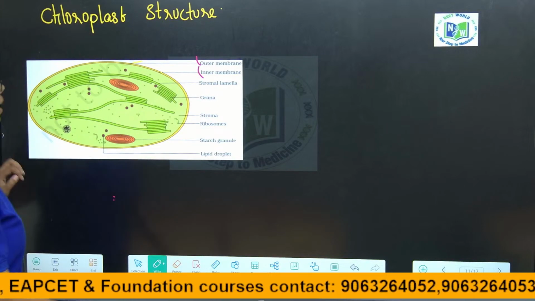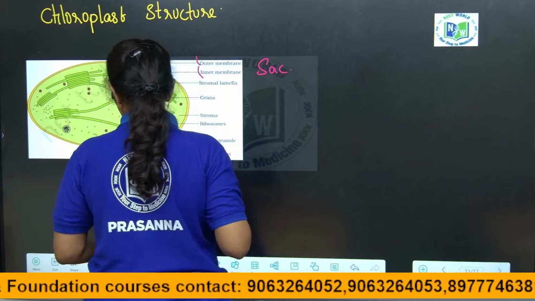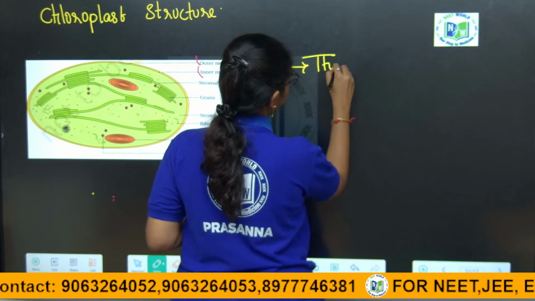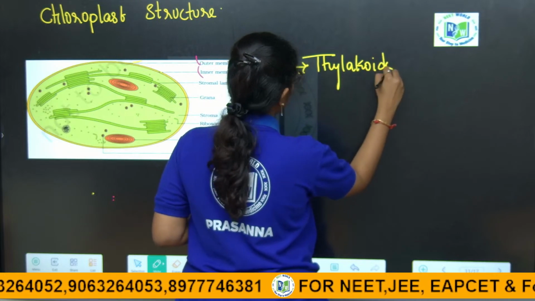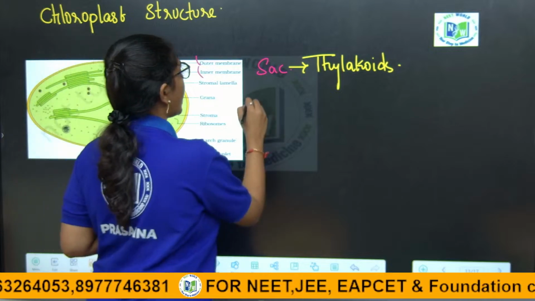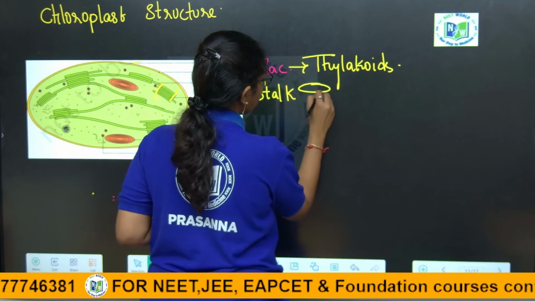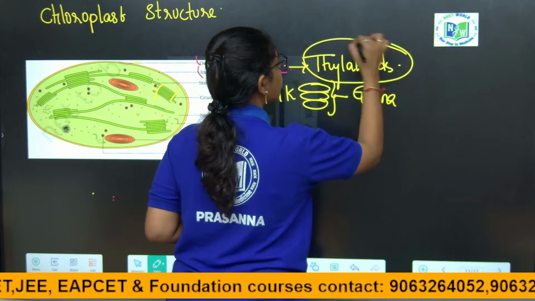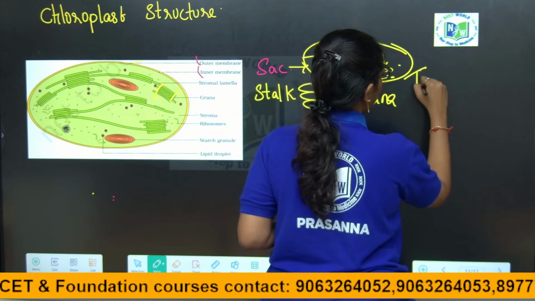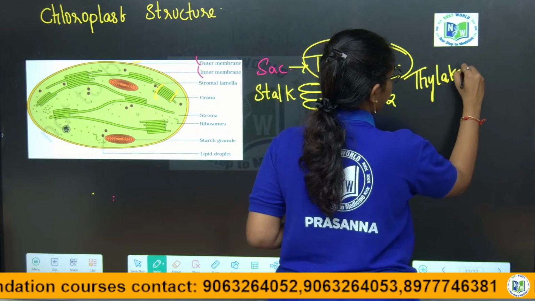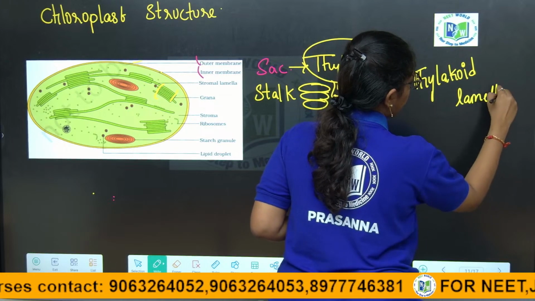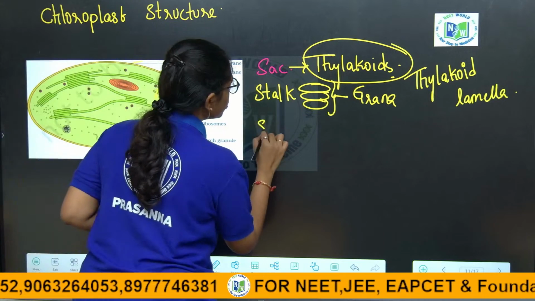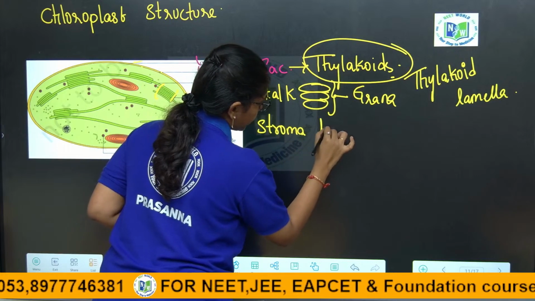Inside the chloroplast you will have sac-like structures called thylakoids. A stack of thylakoids is called grana. Thylakoids are membranous structures and the membrane of the thylakoid is called thylakoid lamellae. Two grana are connected by stroma lamellae.